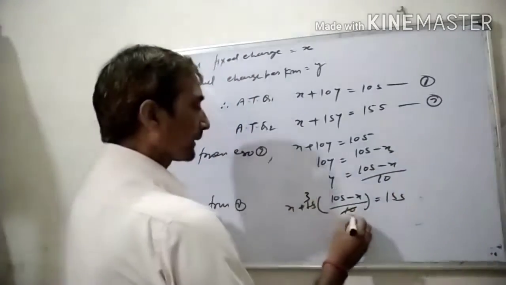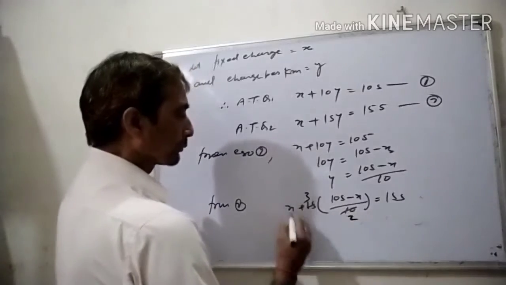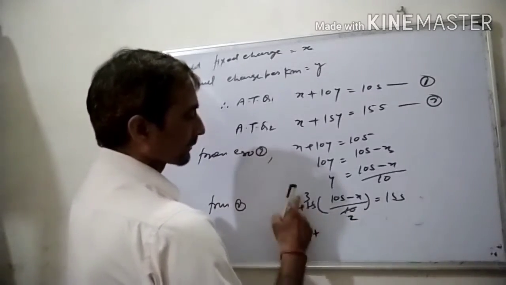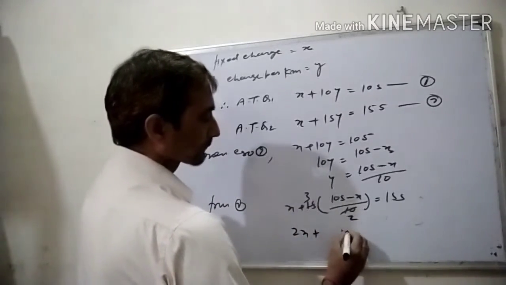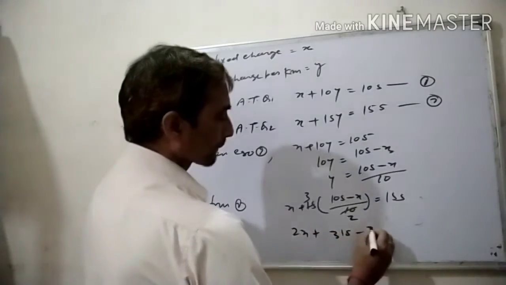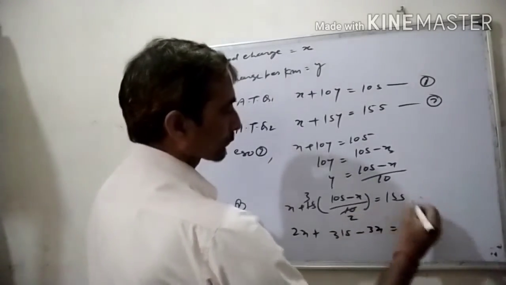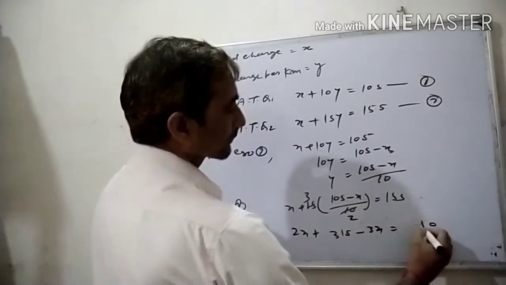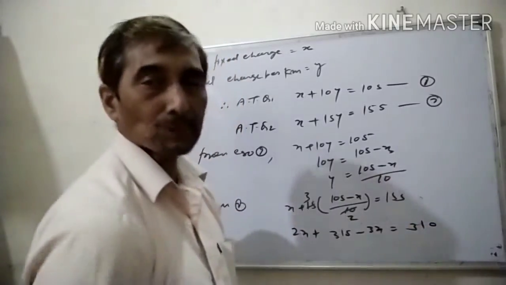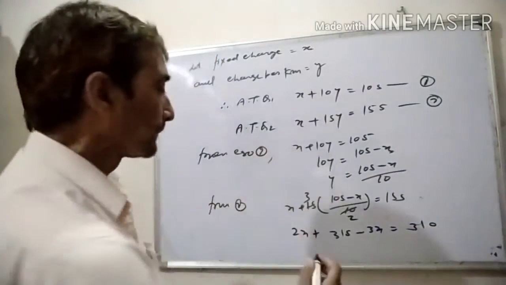Multiply by 2, 2X plus 3 times (105 minus X), that is minus 3X. After calculation you will get it.